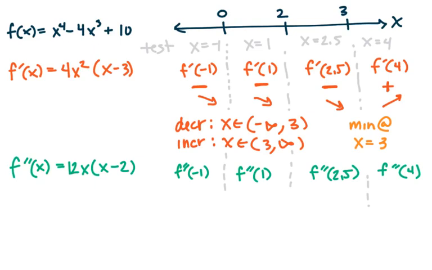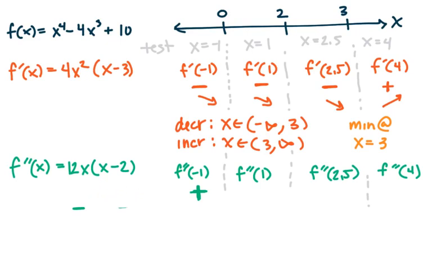So again, I'm going to run through and test each one of these numbers in my second derivative. So for negative 1, I would say 12 times negative 1, that's going to be negative. Negative 1 minus 2 is negative, and a negative times a negative, of course, gives me a positive value here.